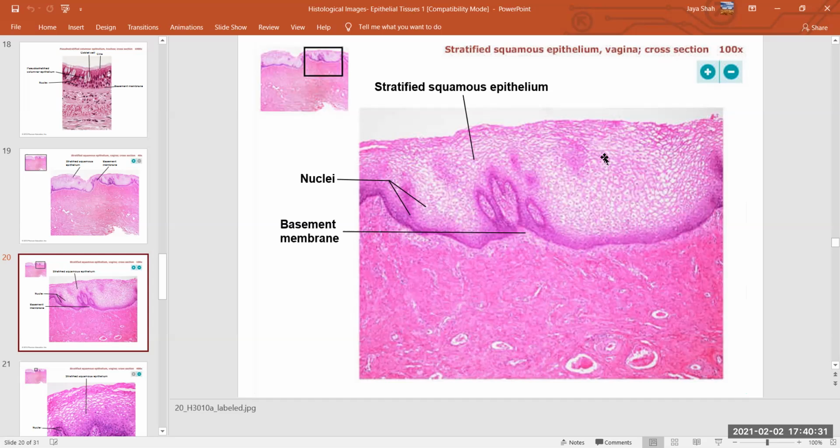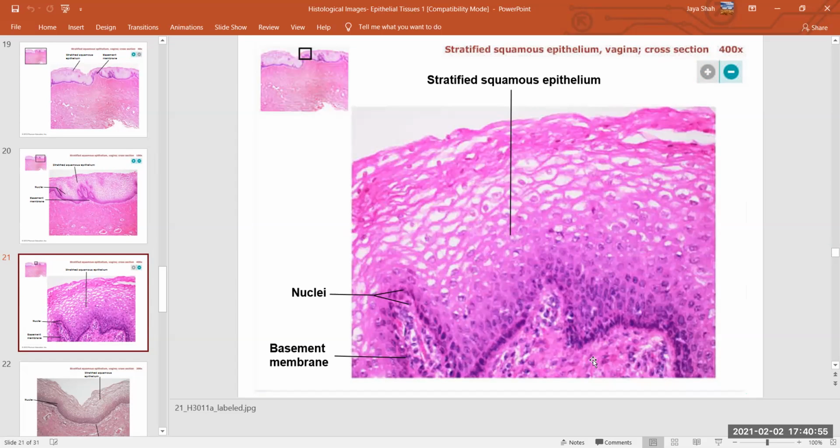And if you go on the top, you see cells that are flat, almost lost their character. And in the skin, you can see a follicle coming somewhere in this section. You can see some glands like sweat glands, sebaceous glands.